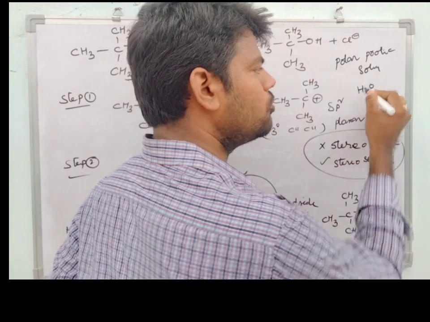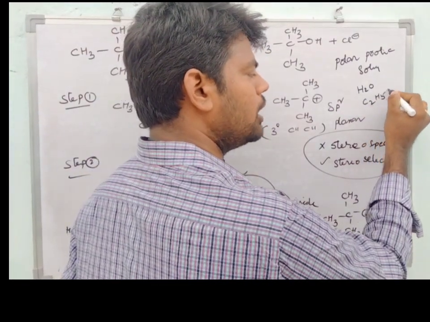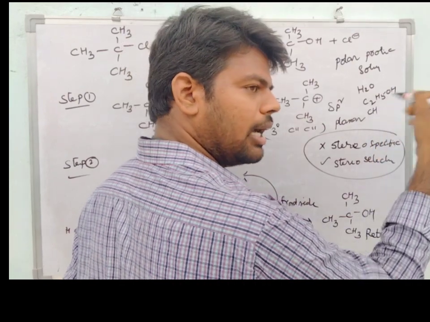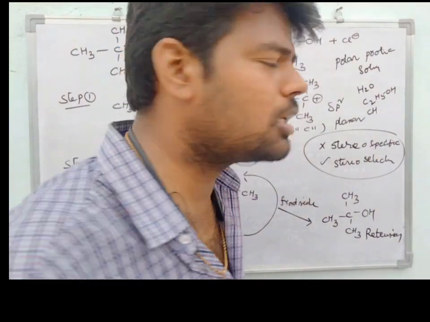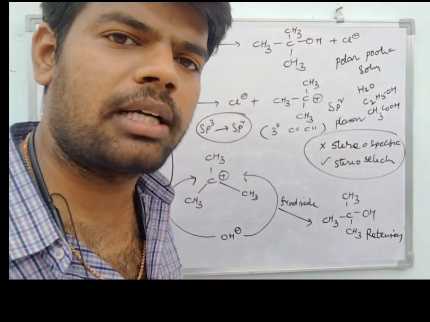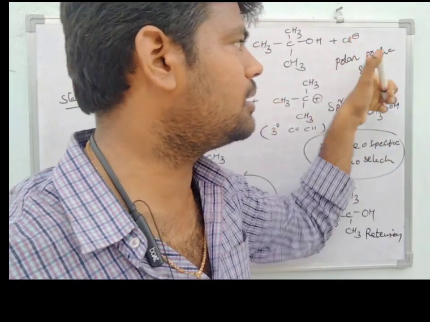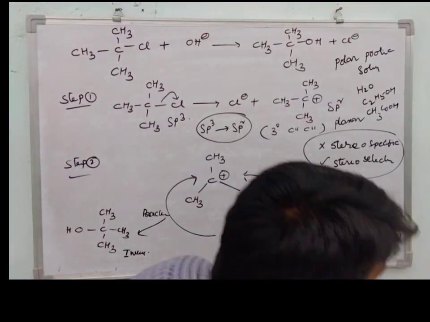H2O liberates an H plus very fast. If you take ethyl alcohol, C2H5OH, liberating an H plus proton fast is also possible. CH3COOH, acetic acid, also liberates a proton very fast. Therefore, H2O, ethyl alcohol, and acetic acid act as polar protic solvents.